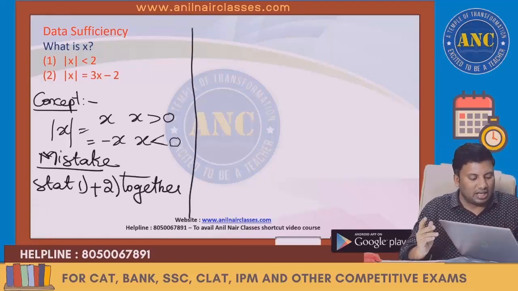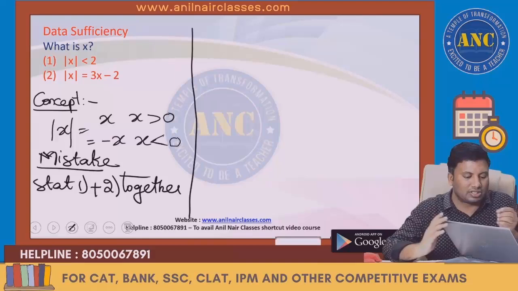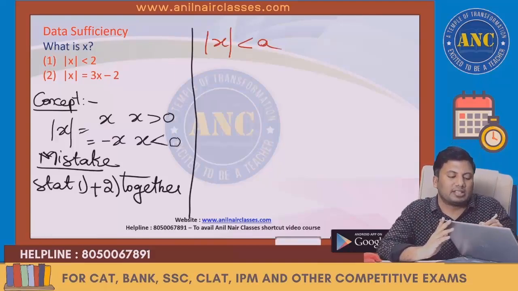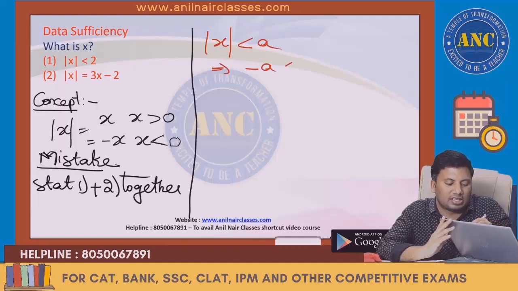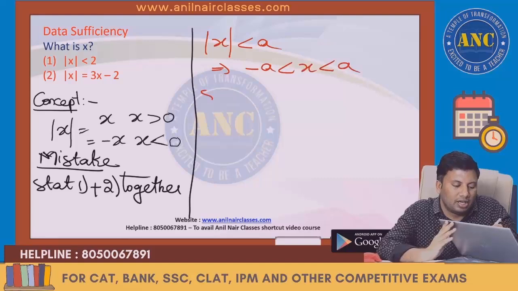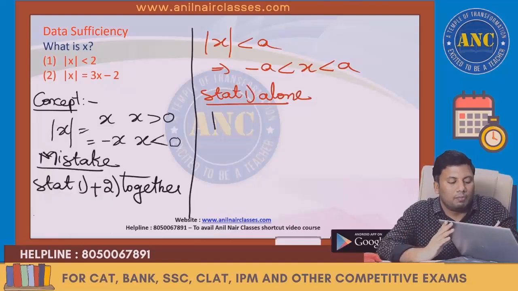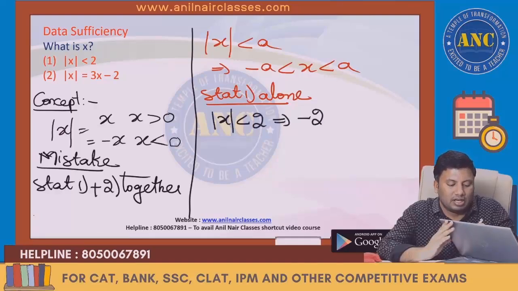First we will see the approach. Another important concept, for those of you who do not know the modulus function: mod x less than a means x lies between minus a to a. Statement 1 alone: mod x less than 2 means x lies from minus 2 to 2.